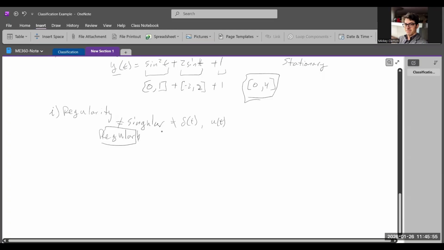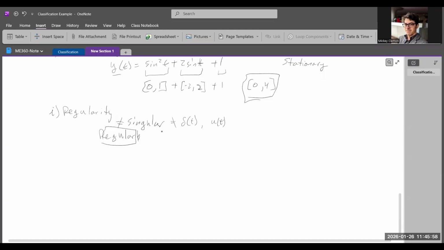I skipped causality on our list, so we'll go back to causality. So H. Is it causal or non-causal? Well, let's check. So we've got y of t, sine squared t plus 2 sine t plus 1. Does it have values at minus t? Yes.